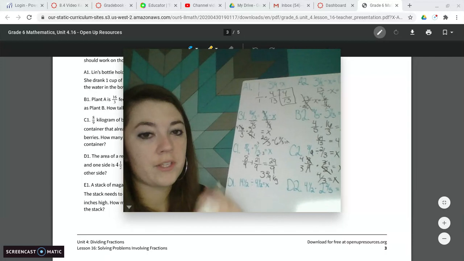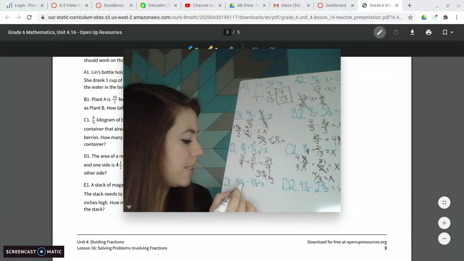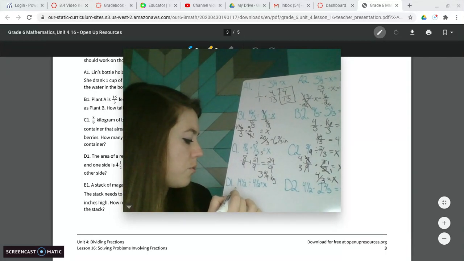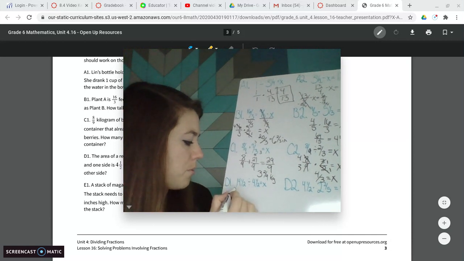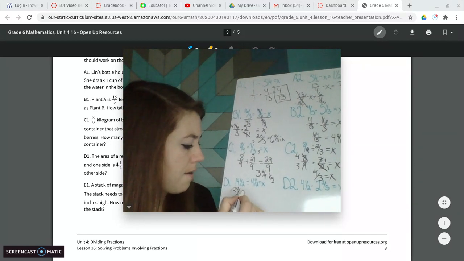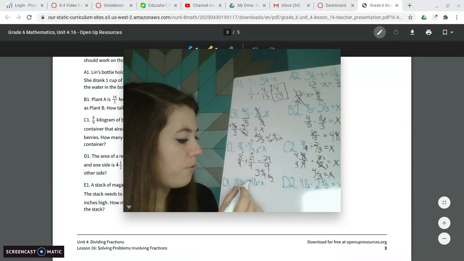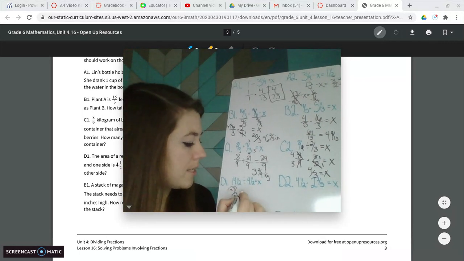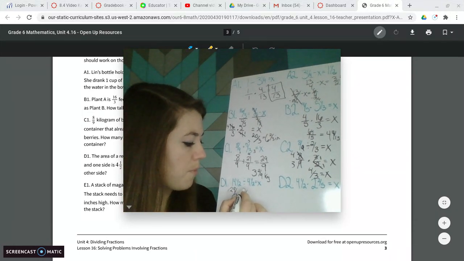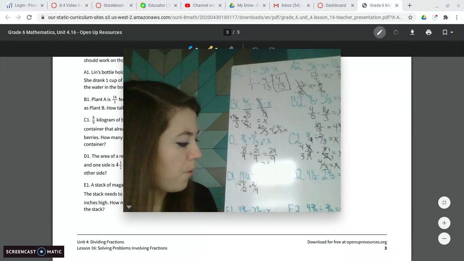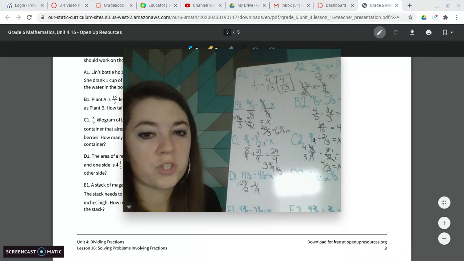So convert both of these to improper fractions. So 14 times 2 is 28, plus 1 is 29/2, and 4 times 2 is 8, plus 1 is 9. So our 9 is our denominator because remember we're flipping it. So we end up with 29/2 times 2/9.